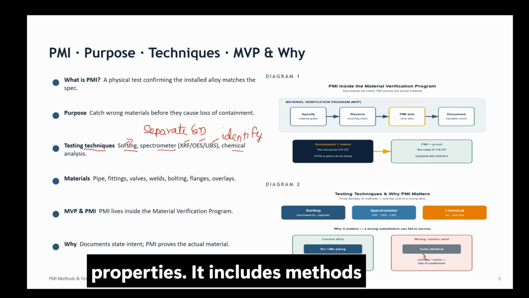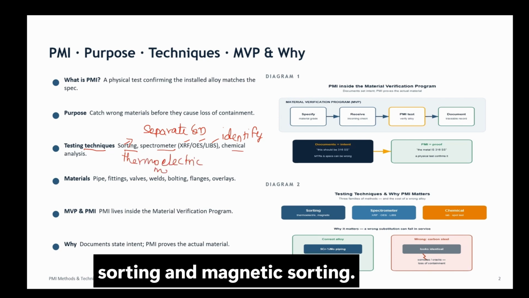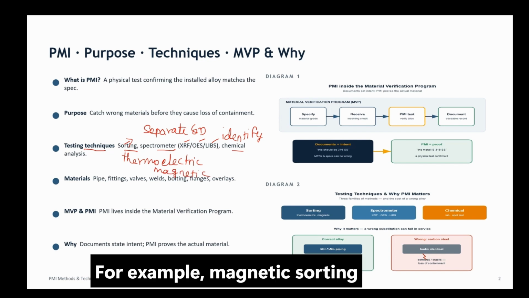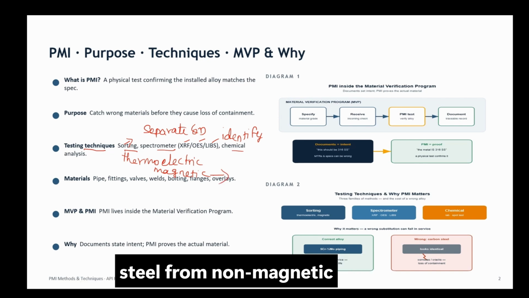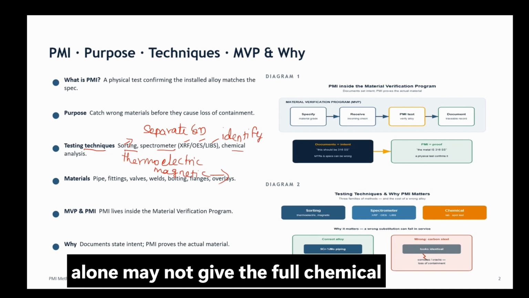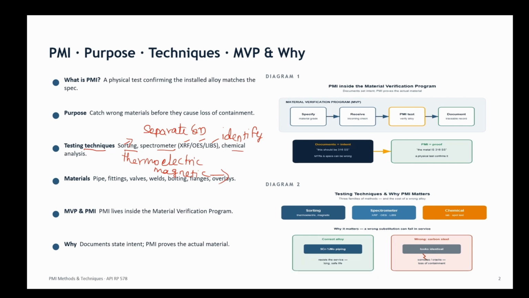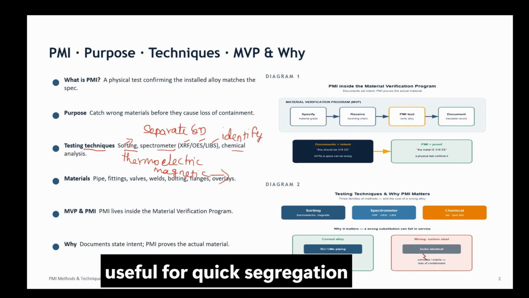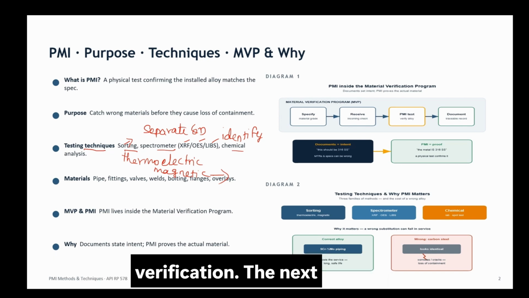It includes methods such as thermoelectric sorting and magnetic sorting. For example, magnetic sorting can help distinguish magnetic carbon steel from non-magnetic austenitic stainless steel. But sorting alone may not give the full chemical composition. So sorting is useful for quick segregation, but it may not be enough for final alloy verification.